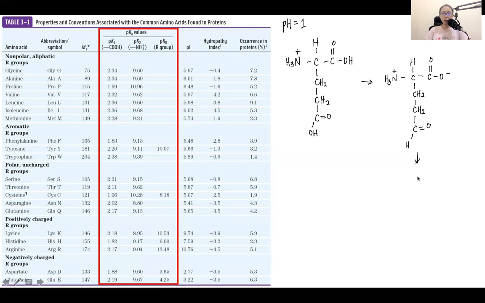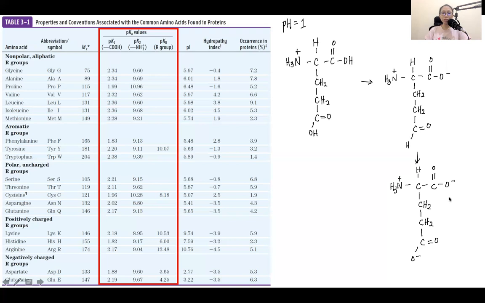So at pH 4.25, half of the molecules will have this form, while the other half has a deprotonated side chain. So we have this form of the molecule. So again, at pH 4.25, half of the molecules have this form, while the other half has this form.